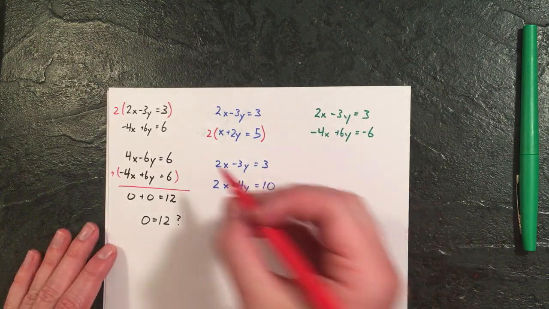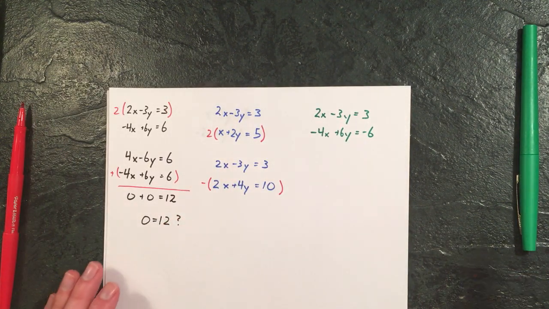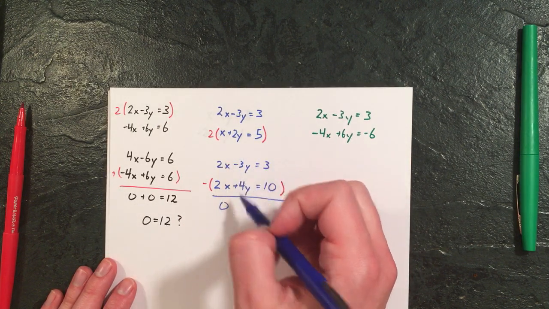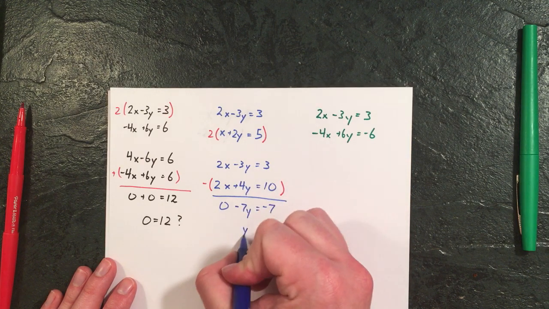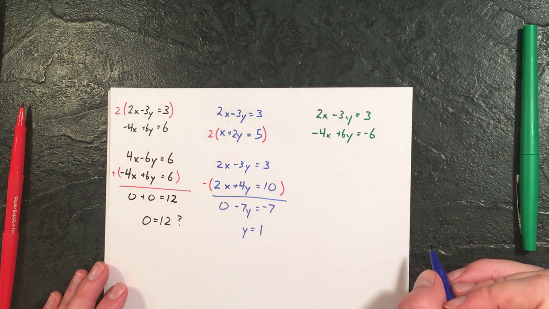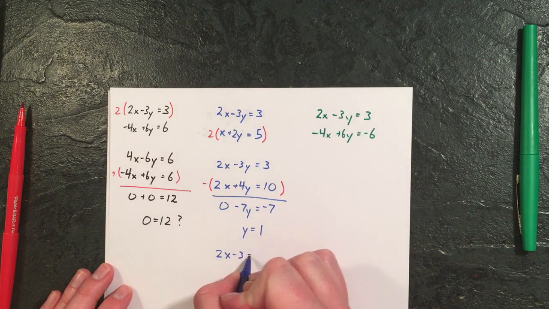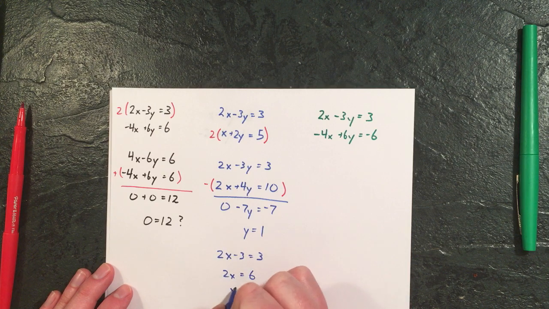We can now subtract these, and we're left with 0 here. Negative 7y equals negative 7, so y equals 1. If y equals 1, 2x minus 3 equals 3. 2x equals 6, x equals 3. So we have the answer of 3, 1 here.